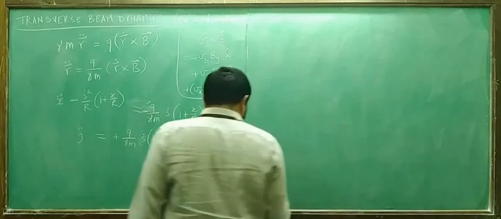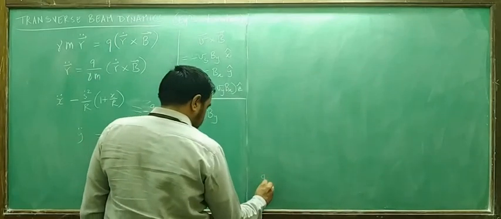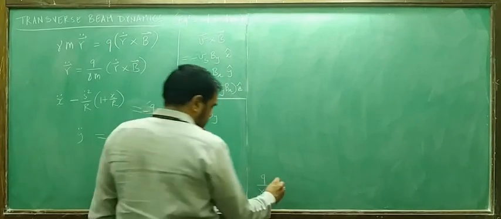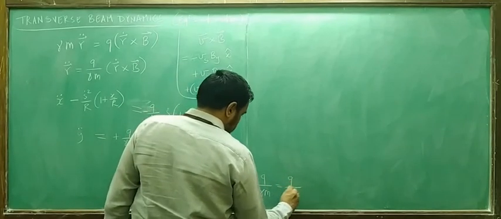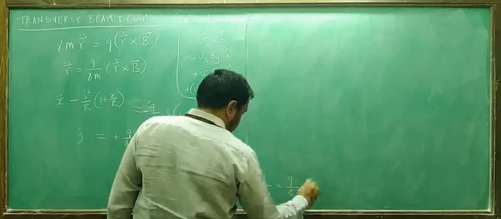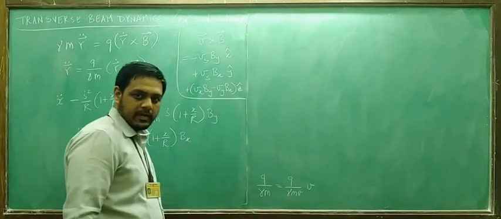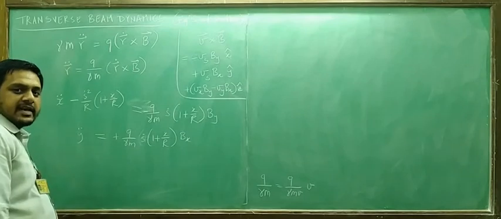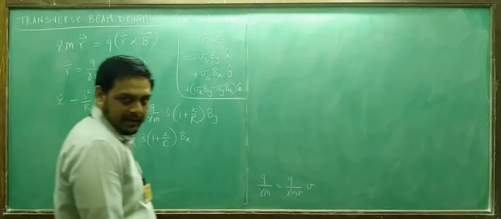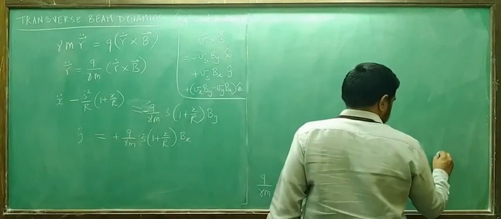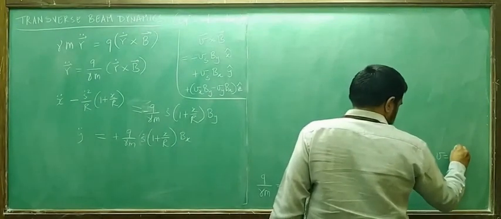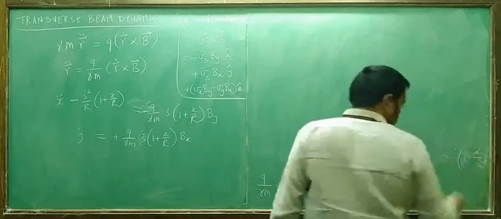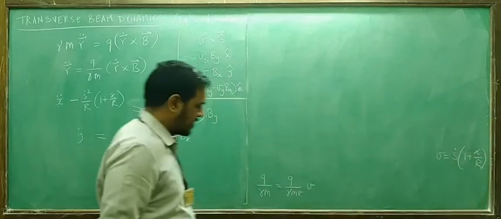One of the things which we just now discussed, Q by gamma m, is basically Q by gamma mv times V. If you remember, there was a formula here for V. V is S dot into 1 plus x by R. It was V by x dot is equal to 1 plus x by R. That's the same thing, S dot taken on the other side.